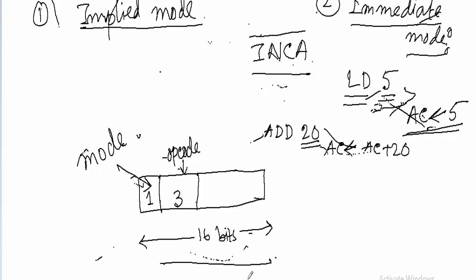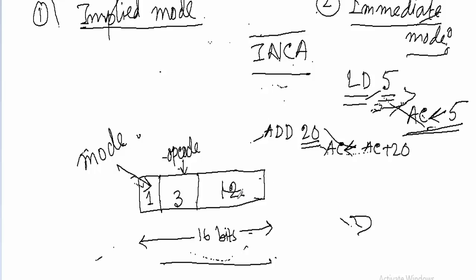Here the total size of the instruction is 16 bits, the mode is 1 bit and the opcode is 3 bits. So the total is 4 bits, and the total instruction size is 16 bits, so the operand size is 12 bits.